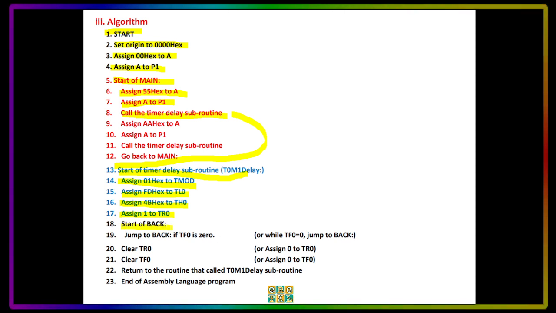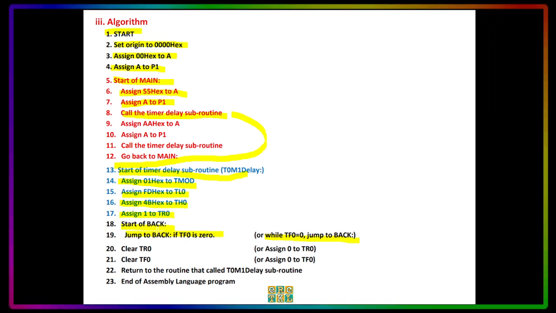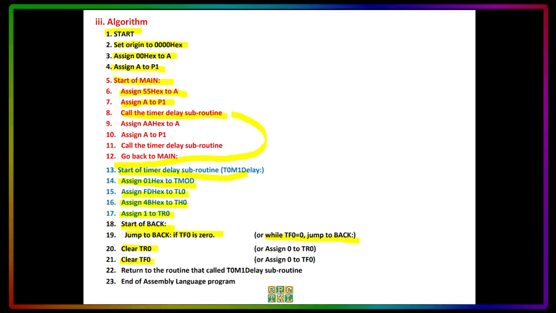And then here on line 18 and line 19, it's the same as while the timer flag of timer 0 is equal to 0, we will do nothing. That's why it's saying here we'll just jump to back. So 18 and 19 will repeat while the flag of timer 0 is 0, just like in C language. Then we will stop the timer, clear TR0, and we will clear the flag of the timer 0.